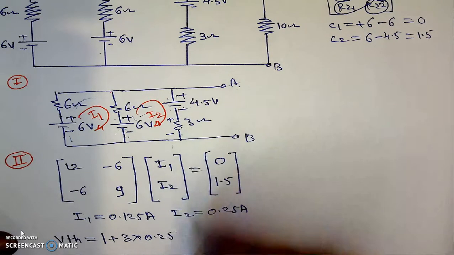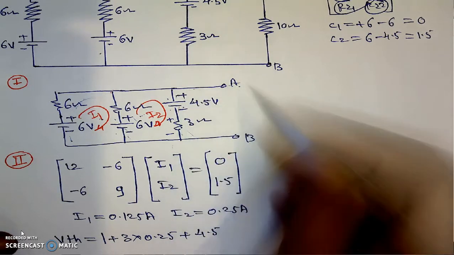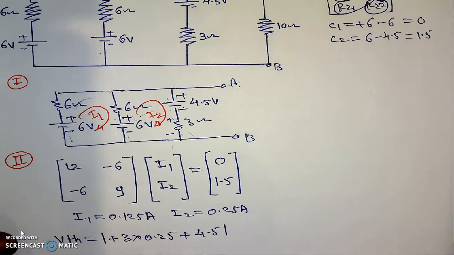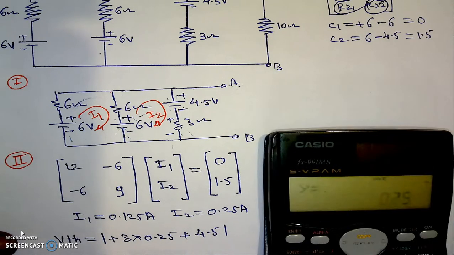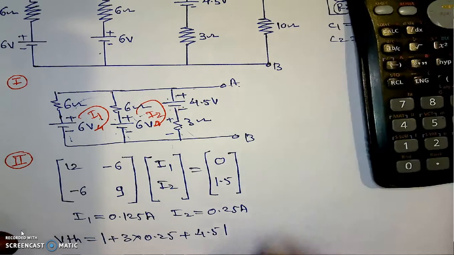Then negative to positive, plus 4.5. Then we are traveling towards A with no element. So 3 into 0.25 is 0.75, plus 4.5, which is equal to 5.25.